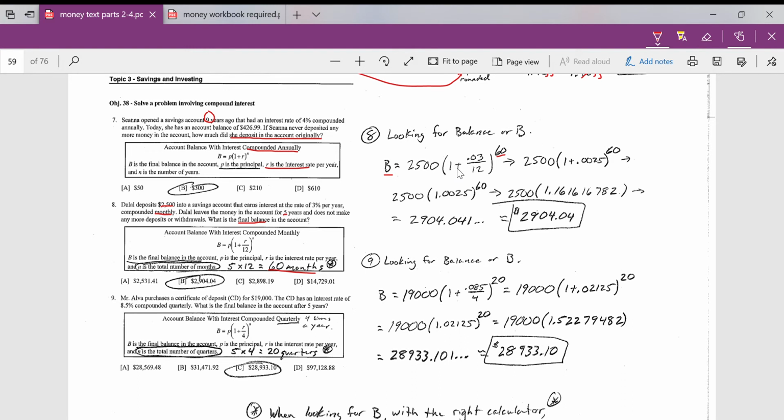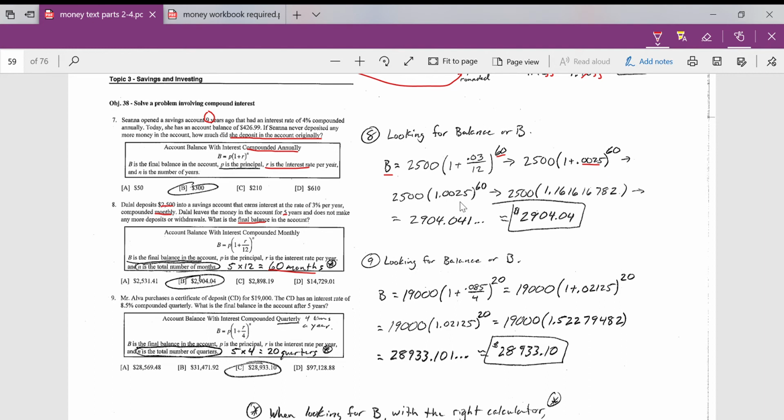The first thing I do is look in the parentheses, and there's division in there. So I divide 0.03 by 12, and I get 0.0025. Now I'm still inside the parentheses, so I add those two. It's easy adding, you don't need a calculator. 1 plus 0.0025 is 1.0025.